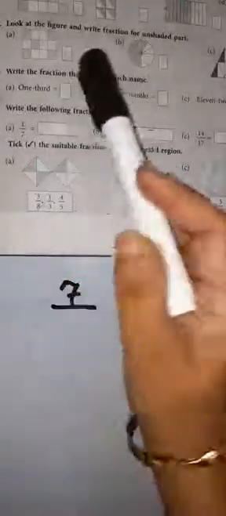So total number of unshaded part 7. Alright, total number of unshaded parts are 7, and total number of squares, just count 1, 2, 3, 4, 4 threes are 12. So we can write here 7 out of 12. Like this, you can solve its part B and C also.